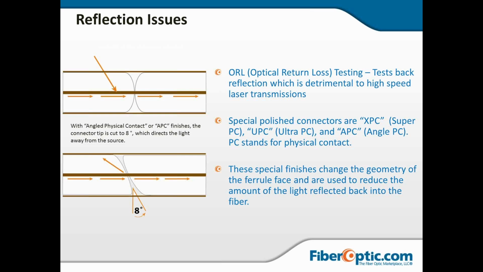Well, it turns out that all we did was clean the connectors, and all of their links came back up. So I'm going to tell you that reflection matters. You want to look at your reflections, you want to look at UPC or APC connectors. Keep that reflection down and tune in next month for us to talk about cleaning, because that's the other critical component that goes with connectors.